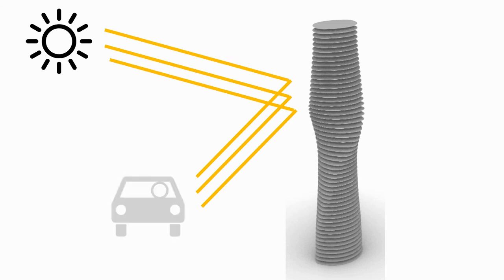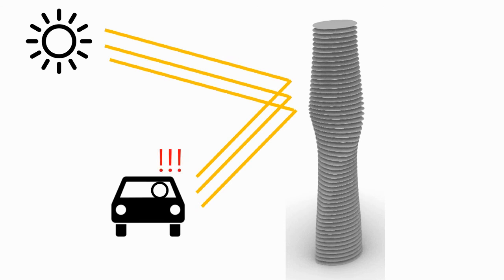The problem with light reflection is that it reflects light directly on people or objects on the ground. It may disturb eyesight, and an accident can occur.